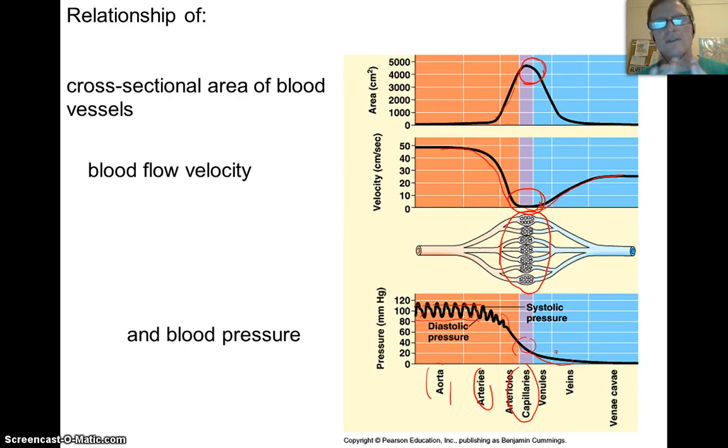So that's why we have valves in our veins that allow blood in that low pressure to continue moving in one direction and move back up to our heart from the bottom of our body. So this is an overview of the cardiovascular system, the heart, arteries, capillaries, veins, and things that allow for our body to circulate blood, oxygen, and nutrients. Okay?